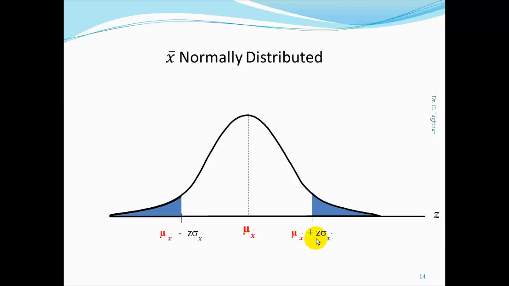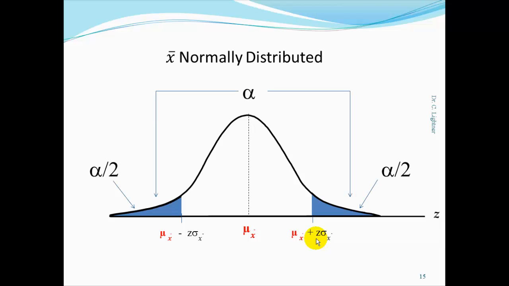Let's shade the area in the tails of these values. We're going to define alpha as the total area in the tails of these values.